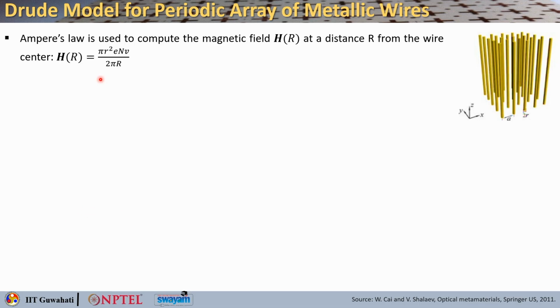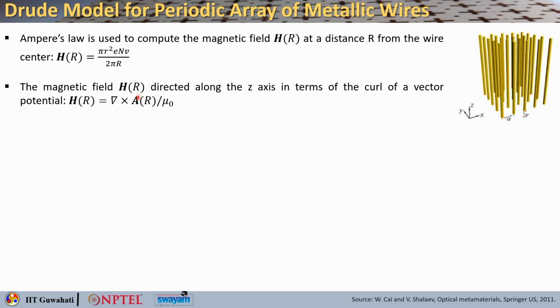You can use Ampere's law to compute the magnetic field H r at a distance r from the wire center, and express it as H r equals pi r square e n v divided by 2 pi r. The magnetic field, directed along the z axis, can be written in terms of the curl of a vector potential: H r equals curl of A r divided by mu naught.